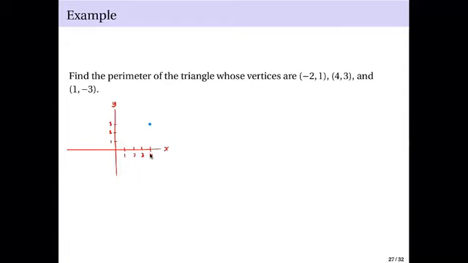Then the other vertex is (-2, 1). So let us have this -1, -2. So for (-2, 1), this is -2, and then this is your positive 1 for the y. The point may be somewhere here.